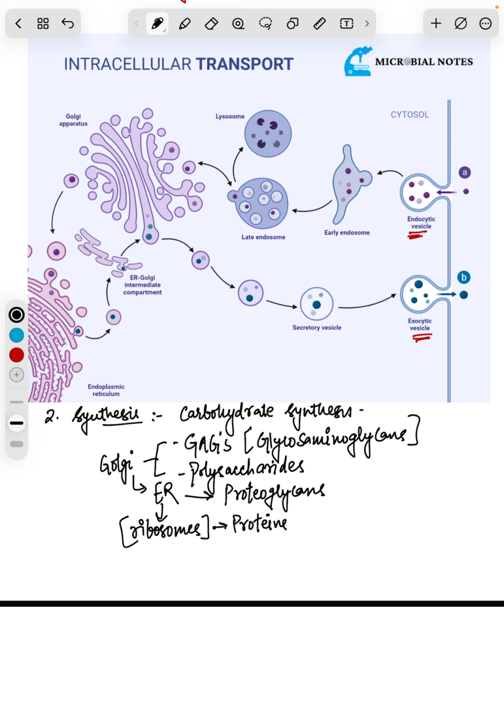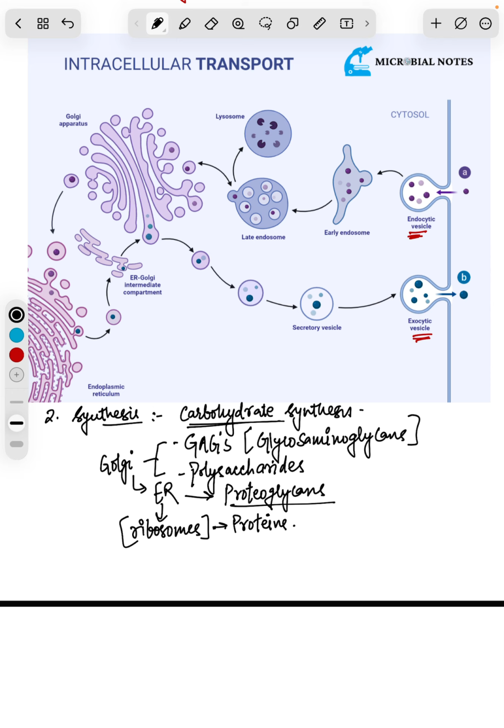So when a protein gets attached to a carbohydrate, it becomes a proteoglycan. Enzymes in the Golgi polymerize several of these GAGs via xylose link onto the core protein.